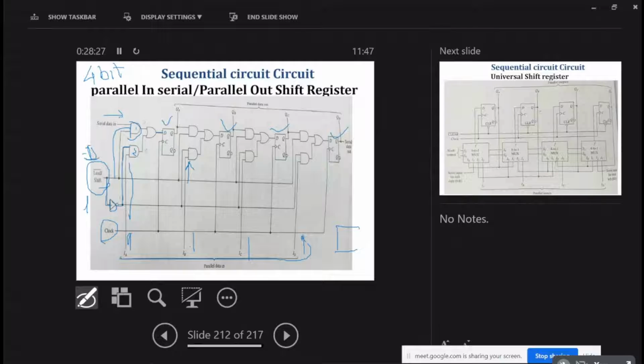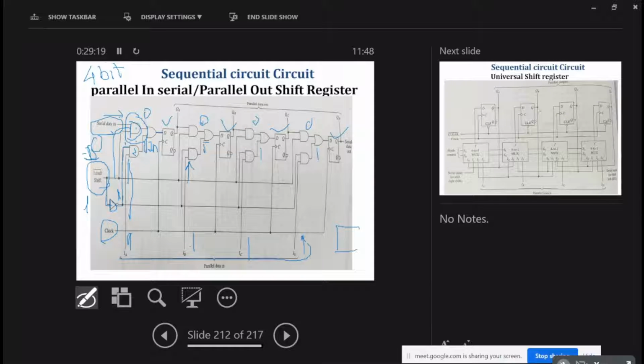If the load value is 0, the complement will be 1. This is ANDed with the input, so 1 and IA becomes IA, then the second information, the third, and the fourth. What about the output of the other AND gate? Because the load value is 0, and that AND gate is ANDed with serial data in, the output of the first AND will be 0. Again it's 0, this is 0, and this is 0.